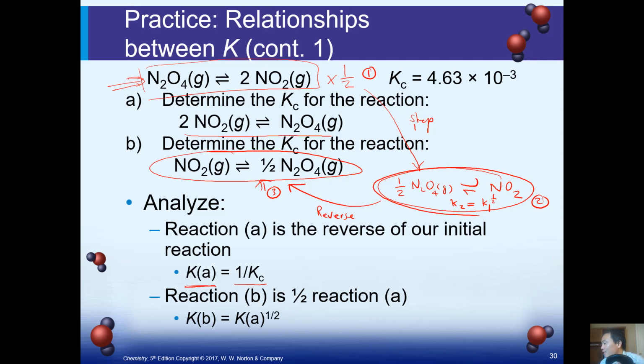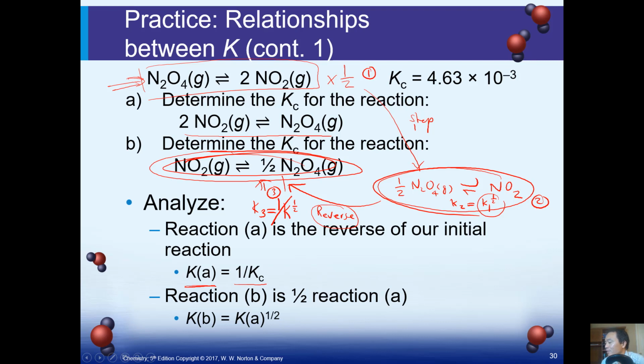Okay? Now, the new reaction is reversed. So in other words, this K3, which is this reaction, would be K2 inversed. Right? That means 1 over that.